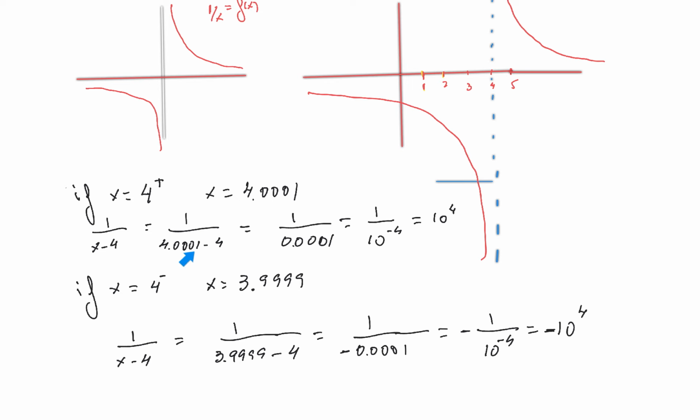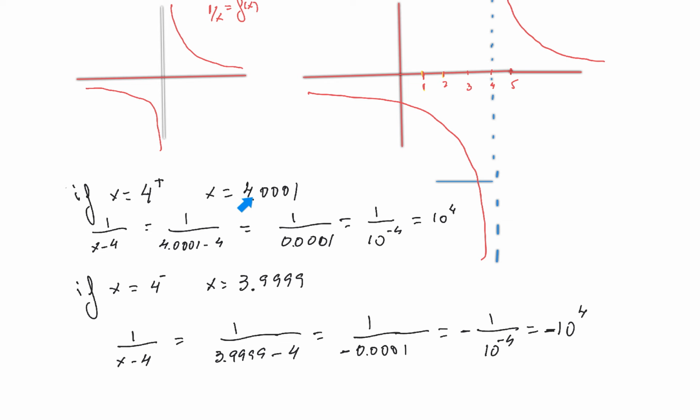This is a positive number, 0.001, which can be expressed like 10 to the minus 3. So 1 divided by 10 to the minus 3 is a big number. It's 10 to the 3, it's 1,000.